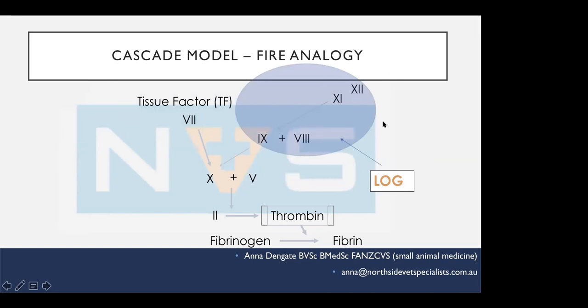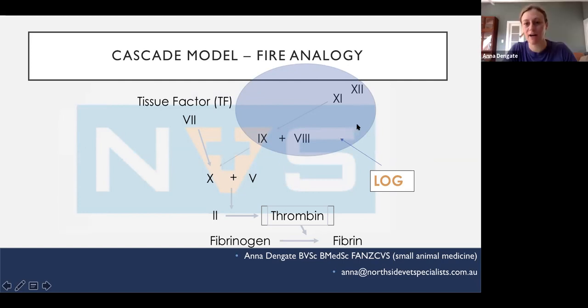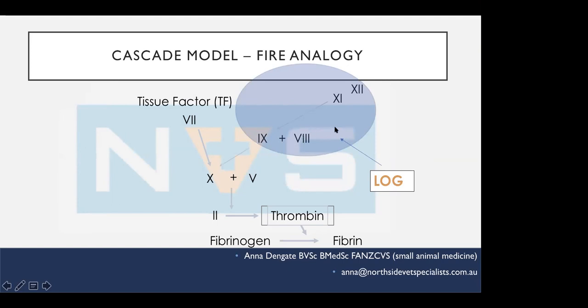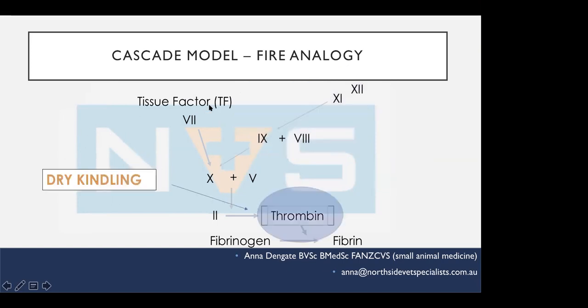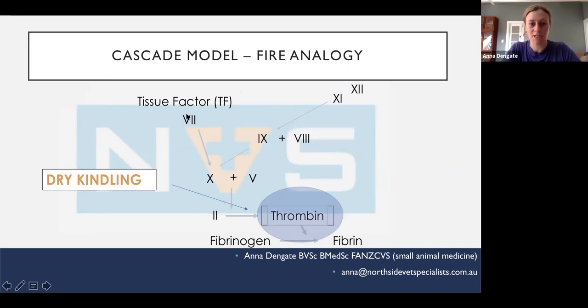So the intrinsic pathway is not going to start a fire unless we've got some kindling in the mix. So we get activation of coagulation, producing small amounts of thrombin and lighting our dry kindling. And then that dry kindling is what helps to light the log. Does that make sense?